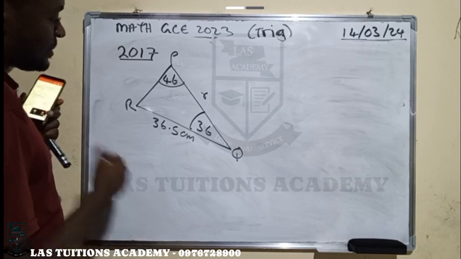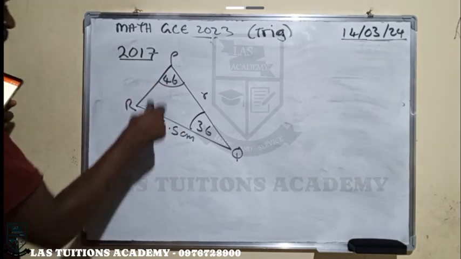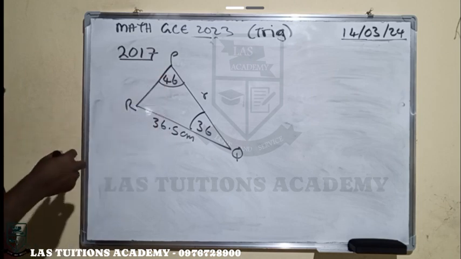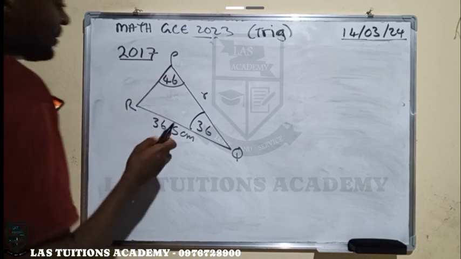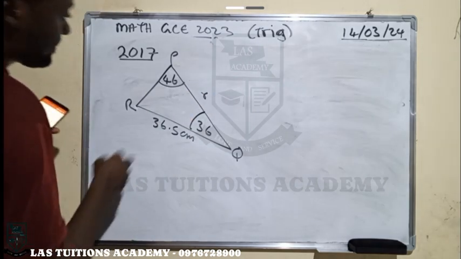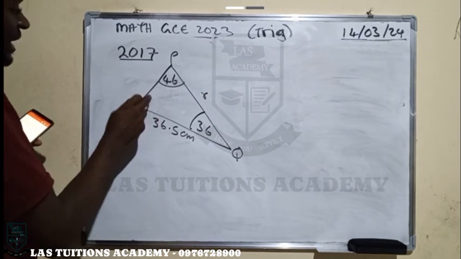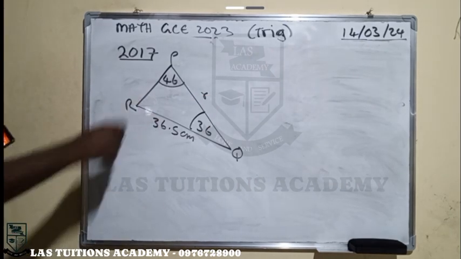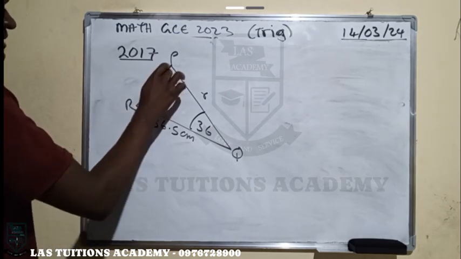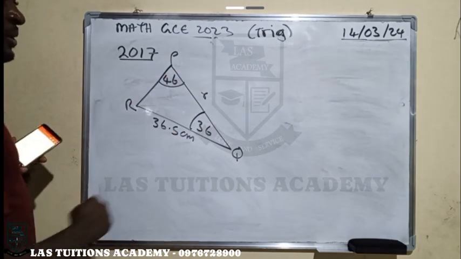So here this one is a full set. It has the angle P and the side p. Now we want to find that one. So what we need here is this angle here and that side. But we don't have this angle, so we need to solve this angle first, so that we can say this side over sine this angle is equal to the side we are looking for over sine this angle here.